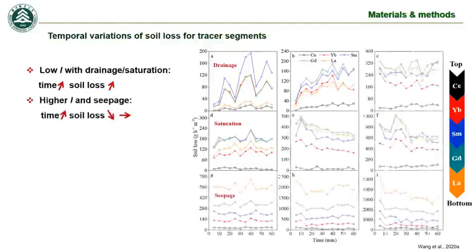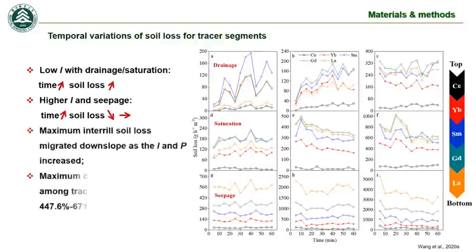However, for higher rainfall intensity and seepage conditions, the interior soil loss from each tracer segment first decreased and then remained stable. The changing trend of temporal variation in the soil erosion process depends on the near-surface hydraulic gradient, the shielding and crushing processes, and the maximum interior soil loss moved downslope as the rainfall intensity and seepage conditions increased.